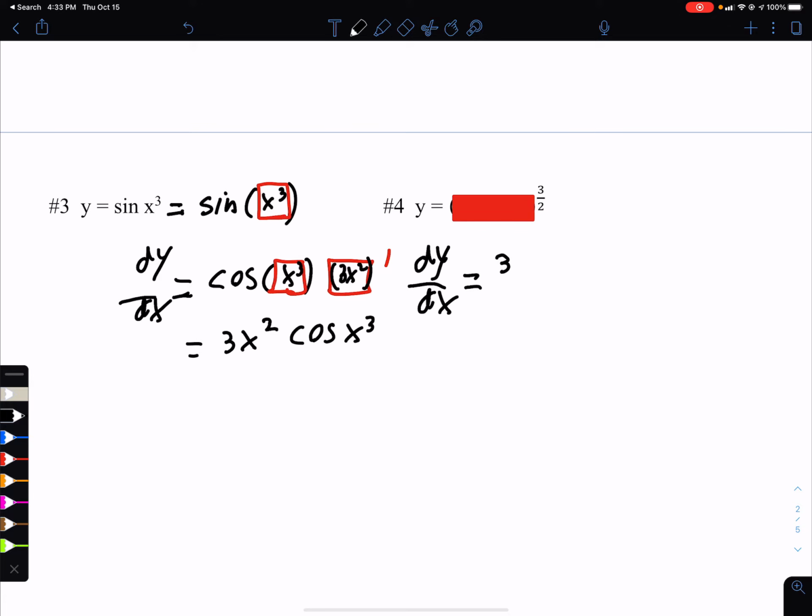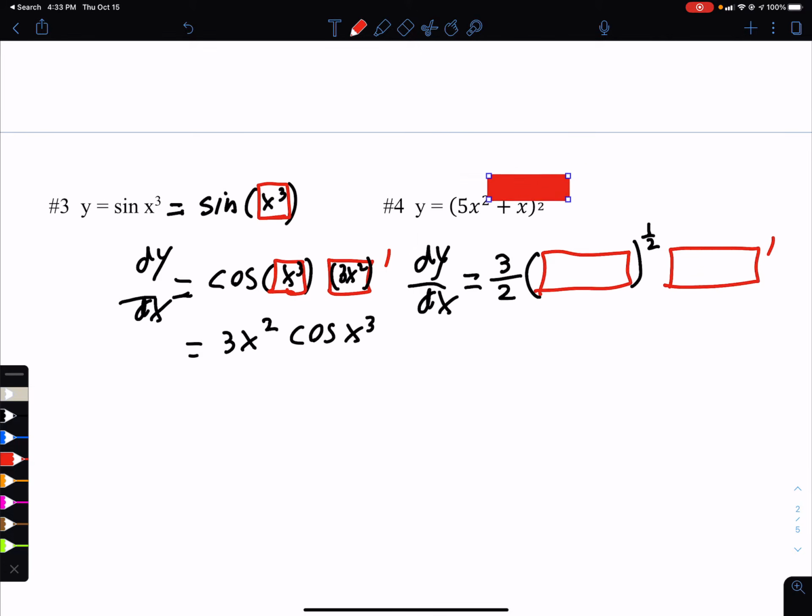Well, we bring the exponent in front using the power rule, and then we have box, but then we decrease the exponent by 1. That's going to be 1/2. And then you have to multiply by the derivative of box. So again, here you place box, not the derivative. The derivative of box goes on the outside here, which is 10x plus 1.